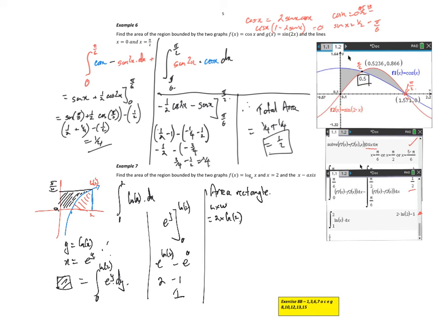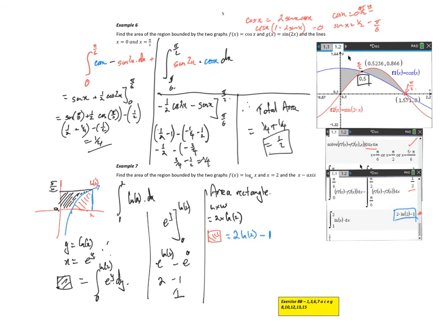So that's the area of the whole thing. So that means the area of the red section is simply equal to the total area, which is 2 natural log of 2, subtract the area of the black, which is 1, which is what our CAS has given us.